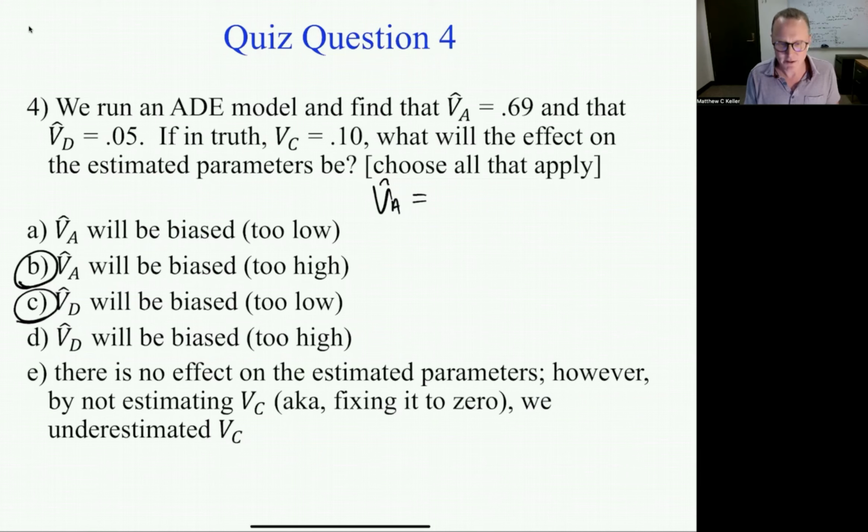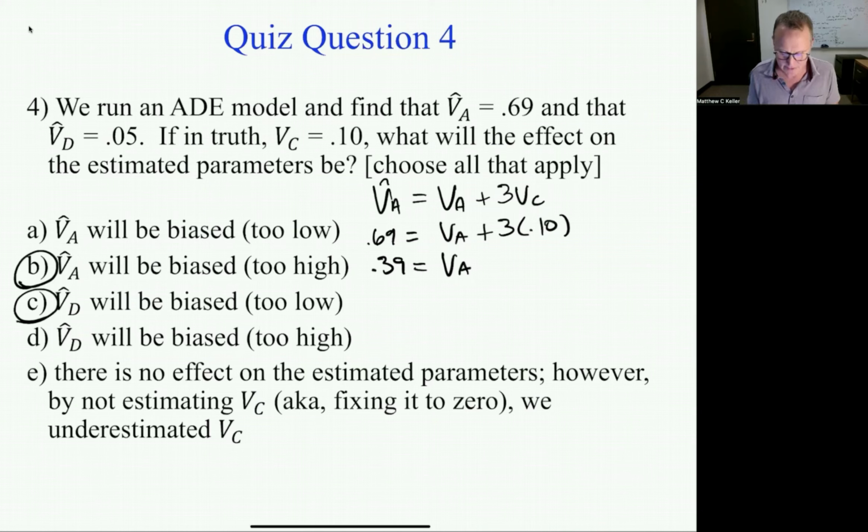We know that the estimate of VA is equal to the true VA plus 3 times whatever the shared environmental variance is. And if we got an estimate of 0.69, and we know, because we're good friends with the deity, that the true shared environmental variance is 0.1, this implies that the true additive genetic variance is 0.39. So we got an estimate of the additive genetic variance of 0.69, but because we violated the assumption that VC is 0, the true additive genetic variance, which we would not have known, is 0.39.